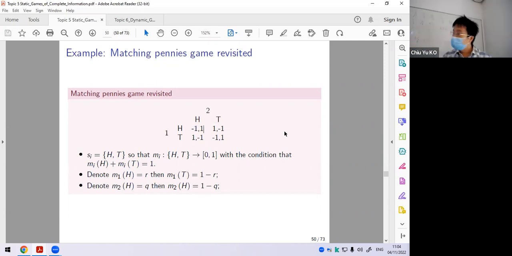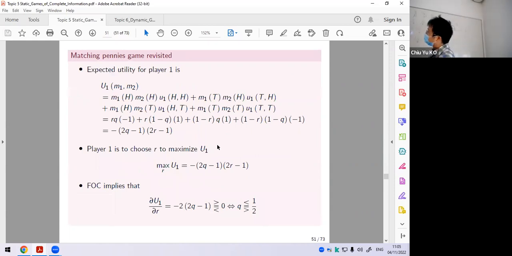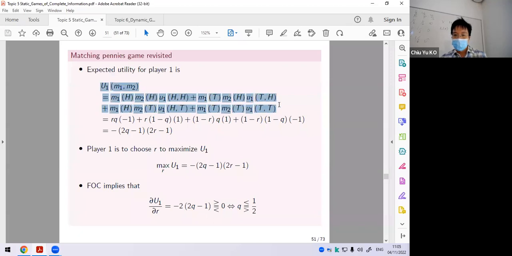And we start from scratch. This is the standard way to do it. I don't know how you learned in undergrad, but this is the way you should do it. You have to calculate the utility, which is very important.